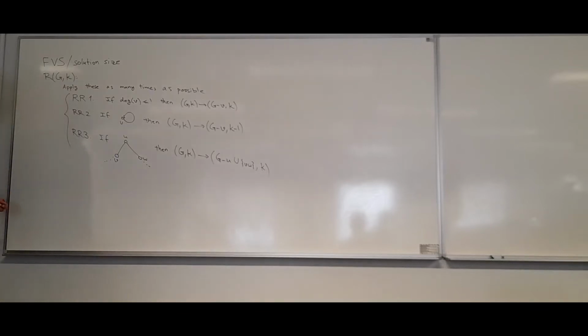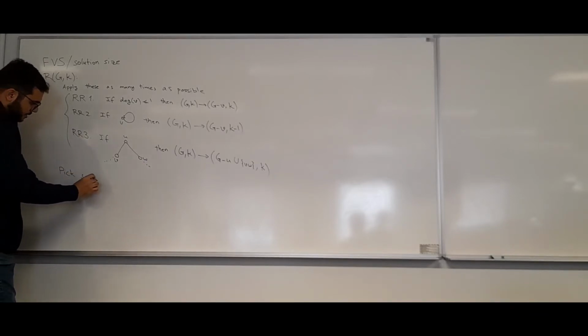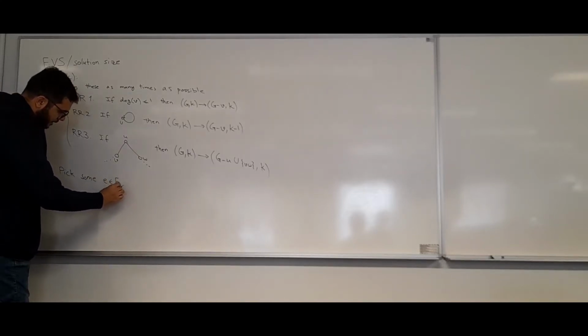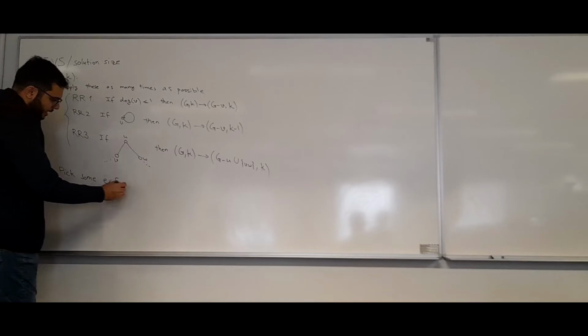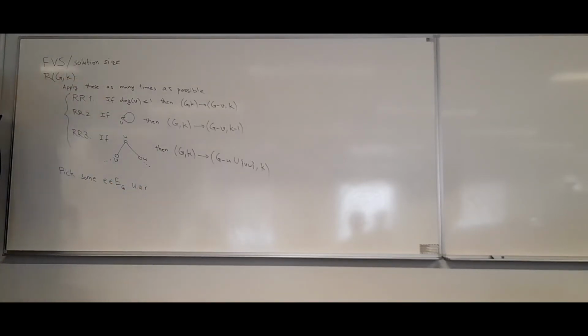Okay. So after I do all of this, the next step is just pick some edge in the set of edges of G, and pick the edge uniformly at random. Okay. And then, well, this edge is going to have two endpoints.